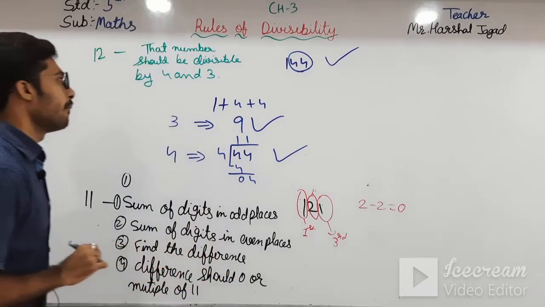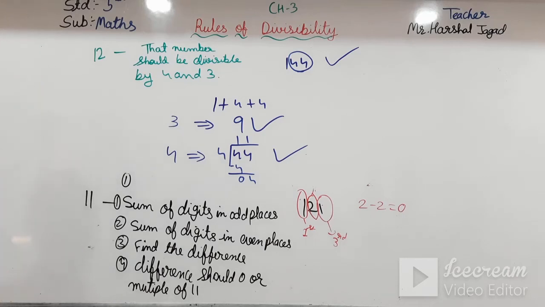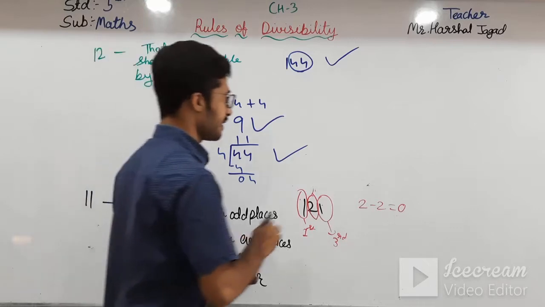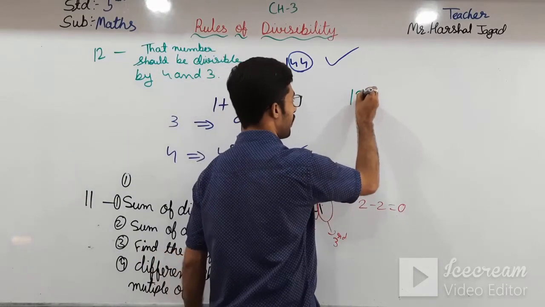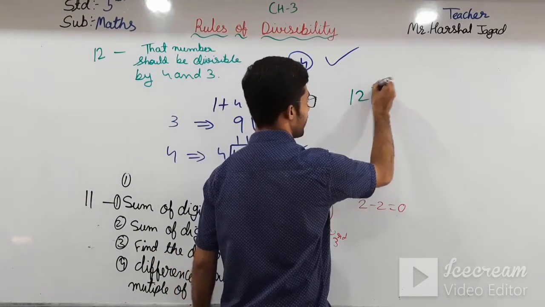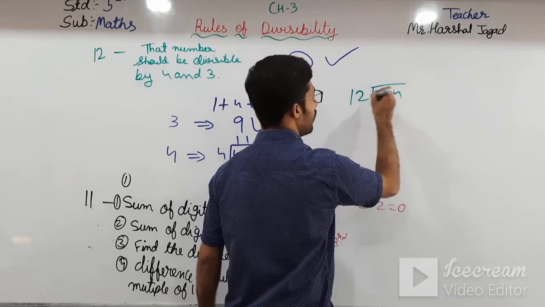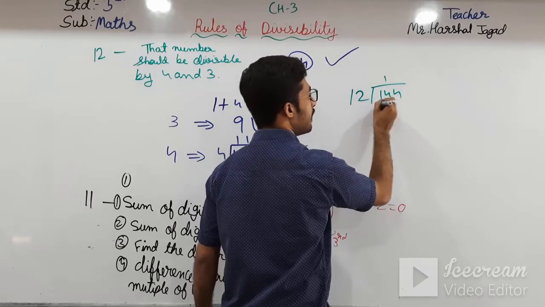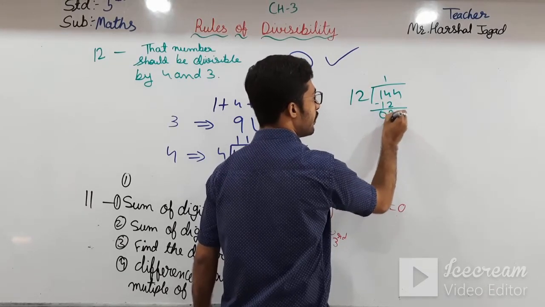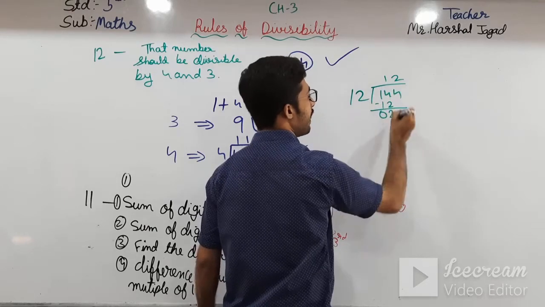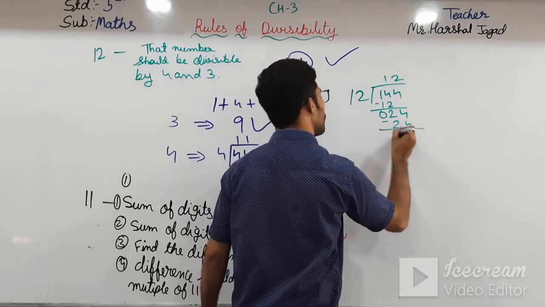Okay students, please note down this. If you want to check whether this number is divisible by 12 or not, I am just checking: 12 ones are 12, 12 twos are 24, and so on.